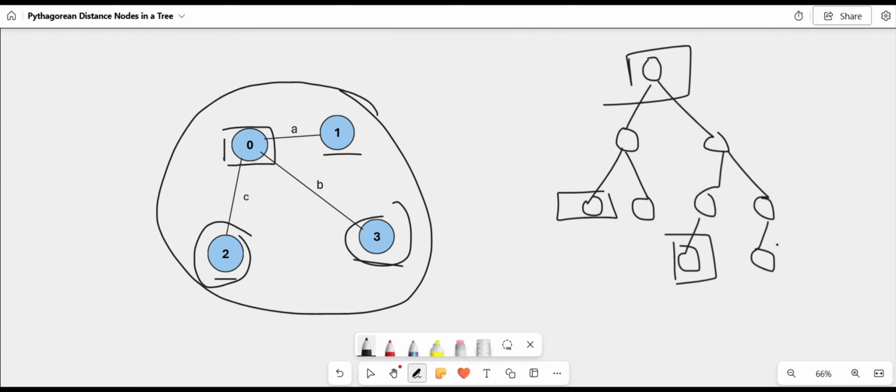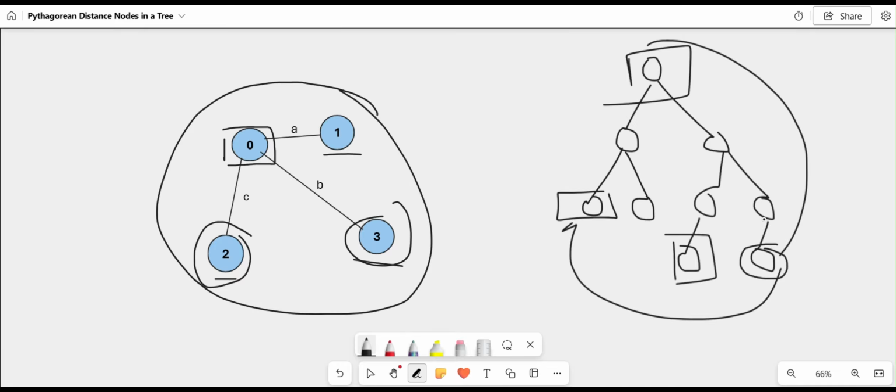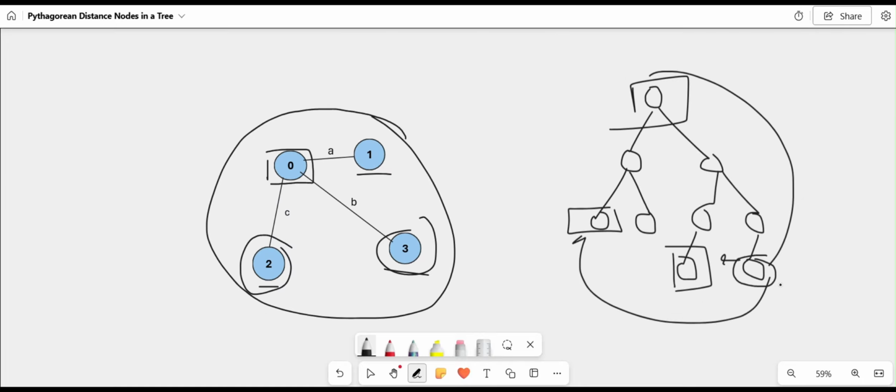If we take this node for example, its distance from this node becomes 3, from this node becomes 5, and from this node it is 1, 2, 3 and 4. So clearly this is a valid starting node whose distance from these 3 nodes result in the required condition. Similarly, we might find some other nodes that result in the required condition.